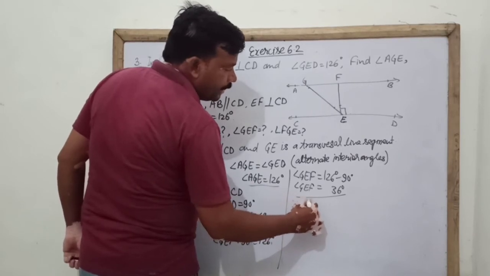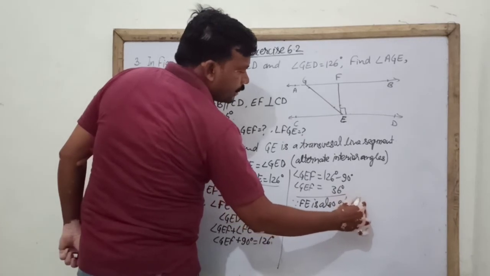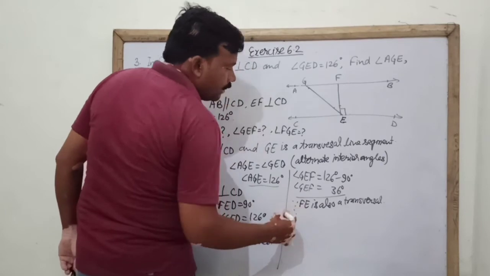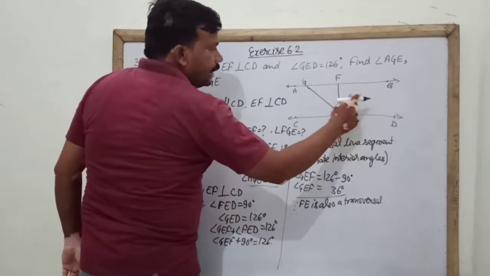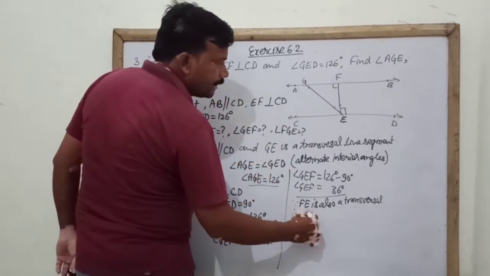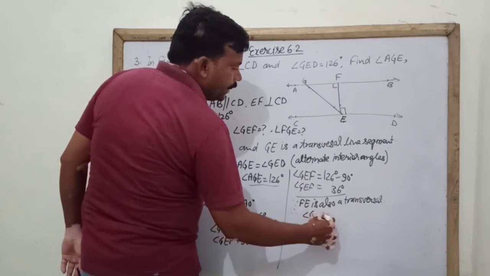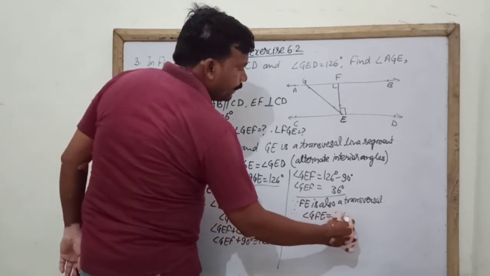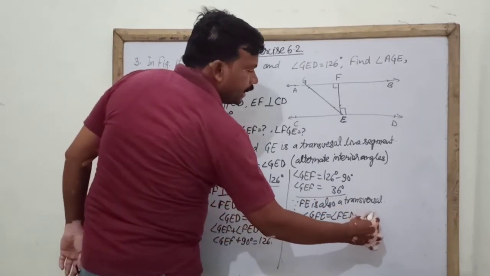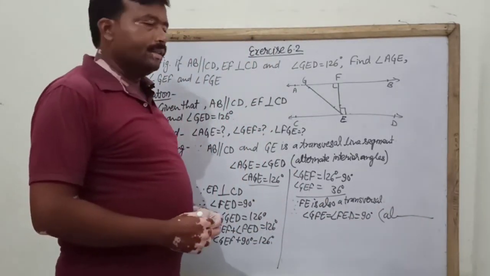Since FE is also a transversal, these two angles will be equal, alternate interior angles. Angle GFE equals angle FED, and FED was 90 degrees.